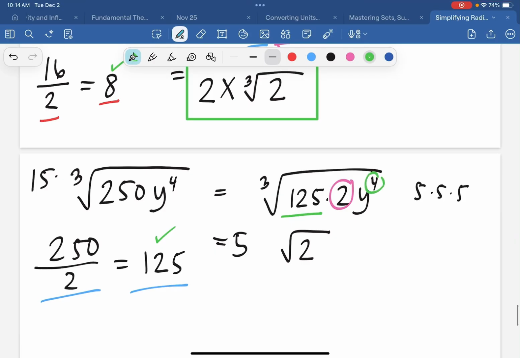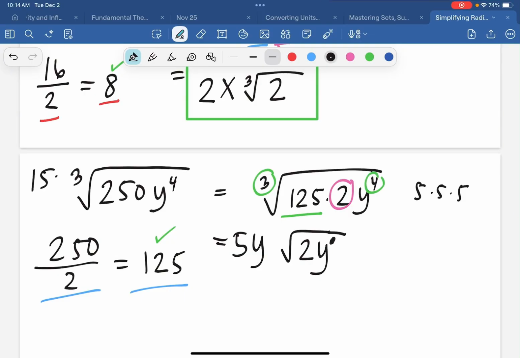Now, 4 divided by 3 is 1, and then that's the whole number, so we could extract y outside. So y raised to 1. Since 1 should be invisible, let's just get rid of this. Now, when we divide 4 by 3, we have a remainder, which is 1. So we have an exponent 1 for the remaining y inside the radical.